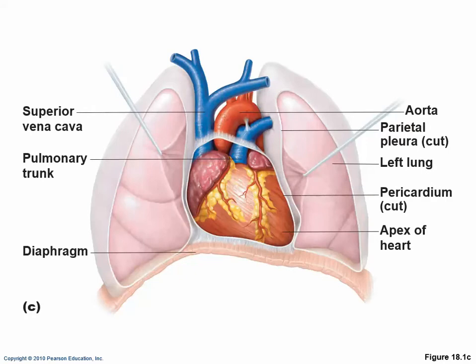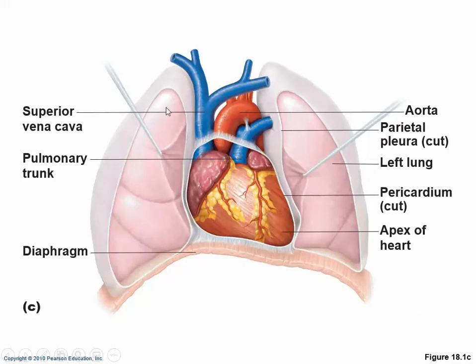This is what the mediastinum and the pericardium look like. So you'll see the lungs with their visceral and parietal pleura, with the pleural space between the two. This is the fibrous pericardium that's been cut.